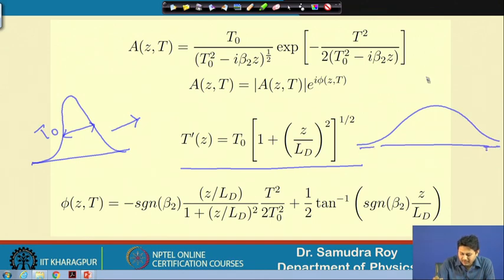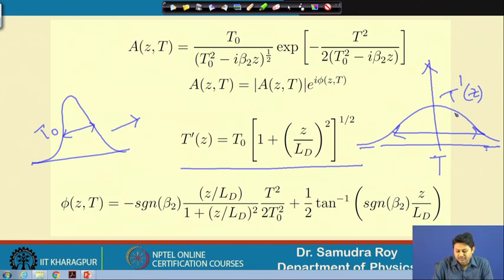Amplitude will decay and width will increase. This is in time. So, this quantity is nothing but T prime, which is a function of z, and how T prime, that is the width of the pulse, increases is given by this expression.